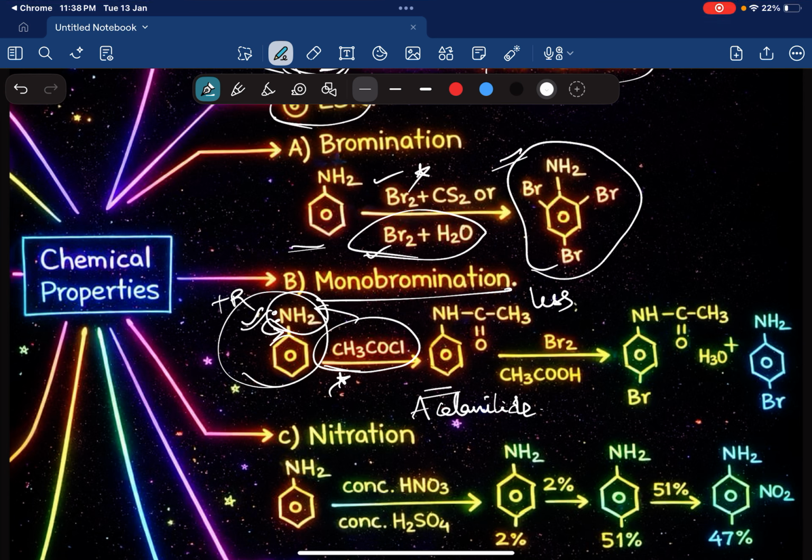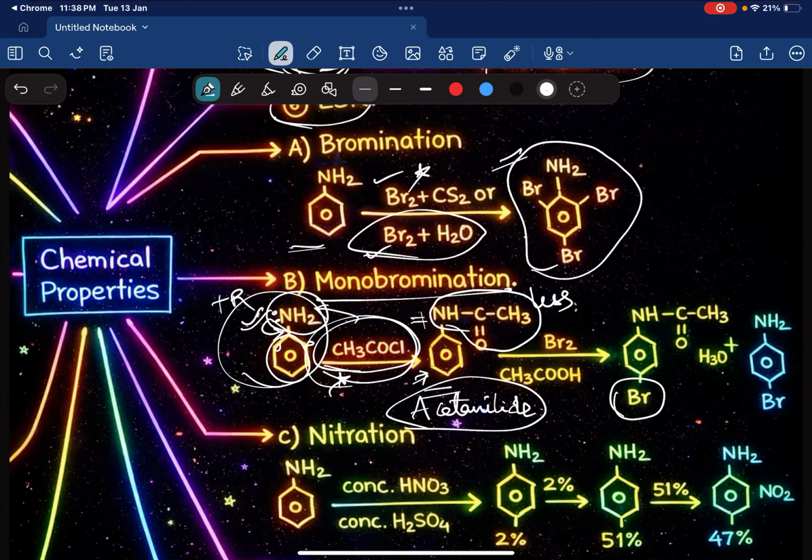It activates the ring so that more electrophiles can attack the ortho and para positions. But when we protect with CH3COCl, we get acetanilide, a mild activating group, meaning this group does not give electrons to the benzene ring so effectively, so only the para-bromo compound is formed.